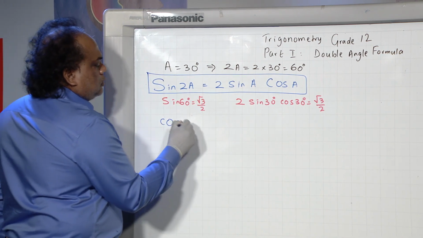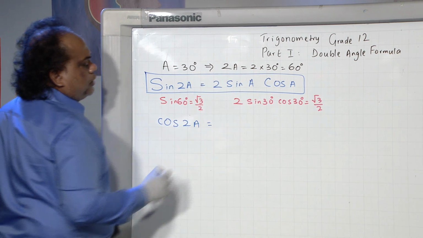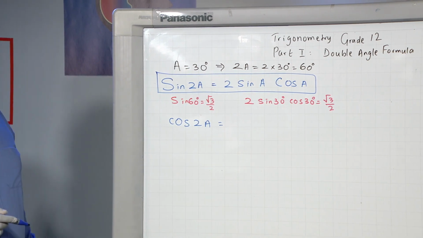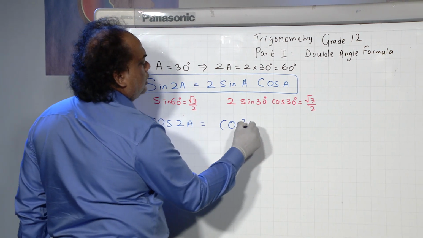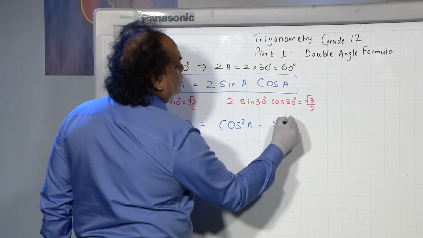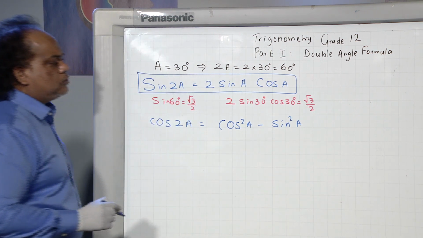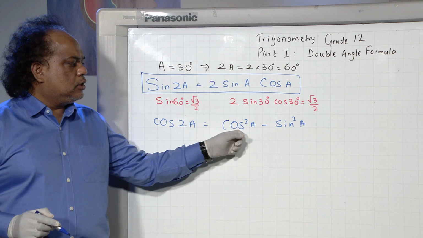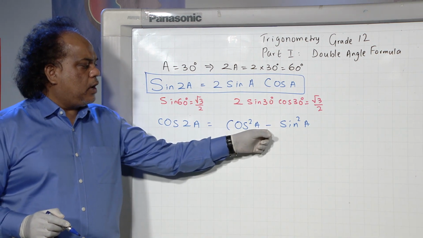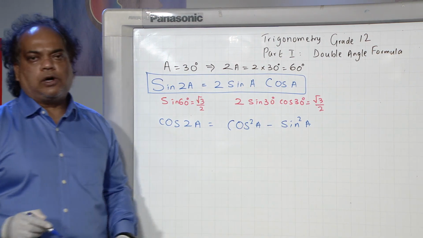Then cos of 2A is cos squared A minus sine squared A. Not to be confused with the trigonometric identity, which is cos squared plus sine squared equal to 1.